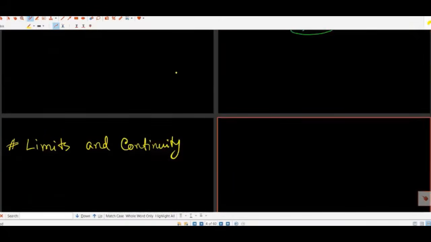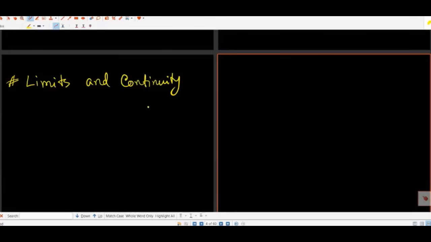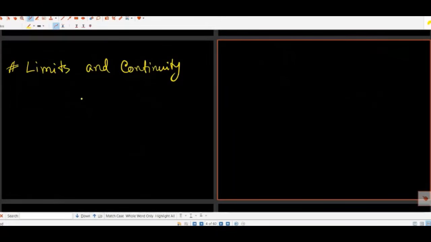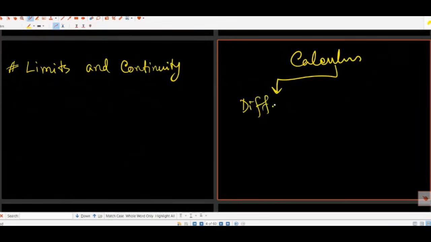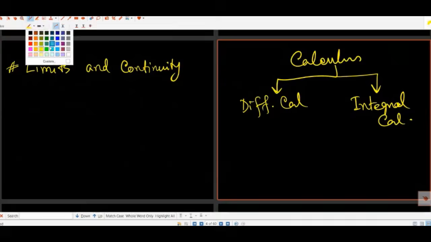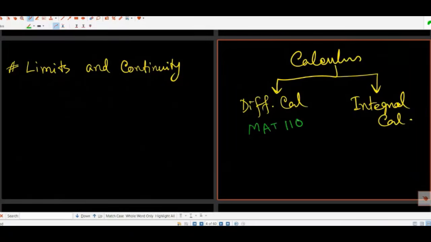So we know that calculus has two branches, that is differential calculus and integral calculus. So differential calculus can be found in Math 110 and the integral calculus part will be in Math 120.